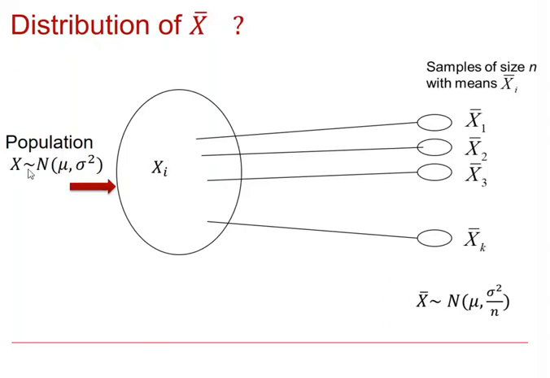For an original normally distributed population with mean mu and variance sigma squared, these sample means are all much closer together than the items in the population are, but the average of them is exactly the same as the population mean of the original population. But the variance will be much reduced, and the variance is given by the original population variance divided by n, the sample size.